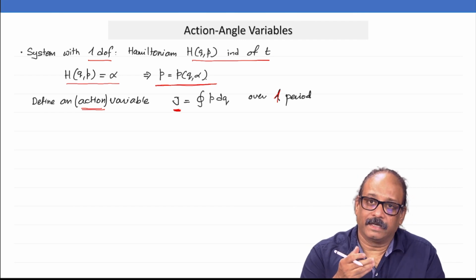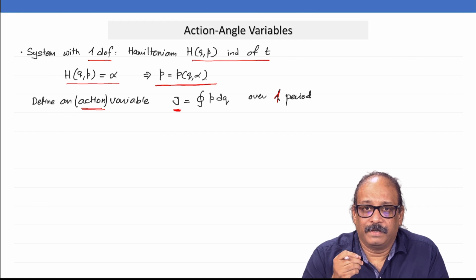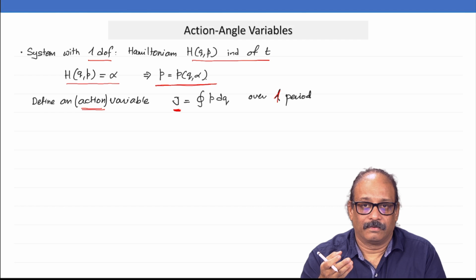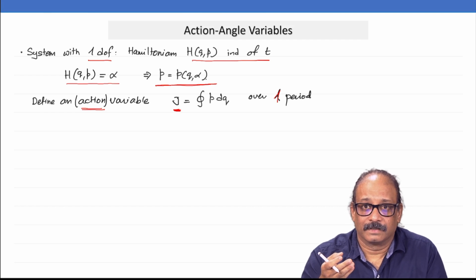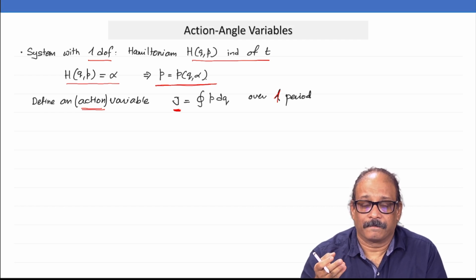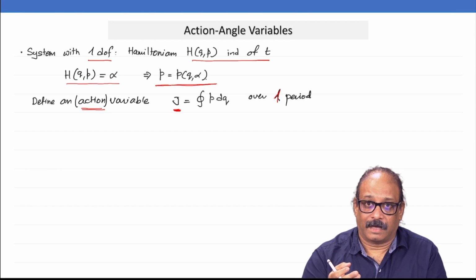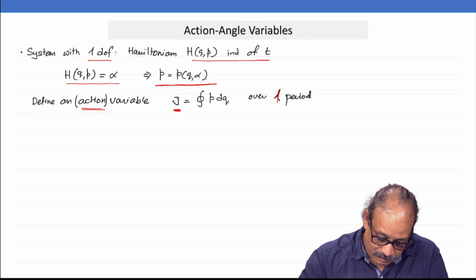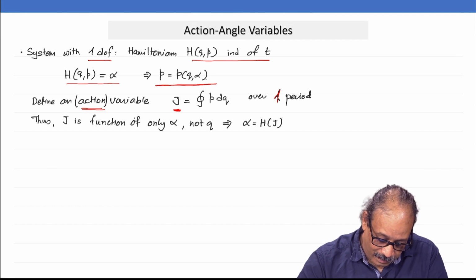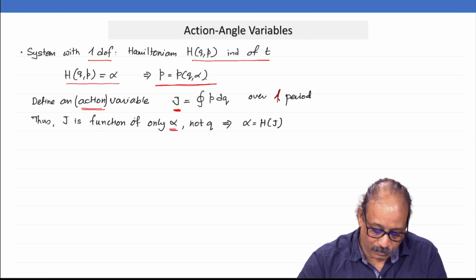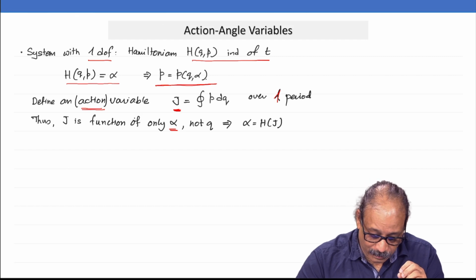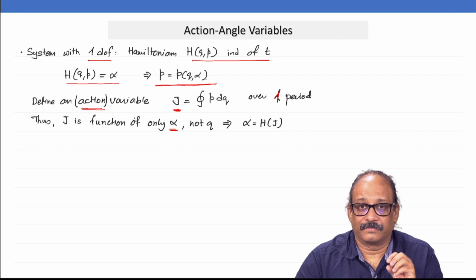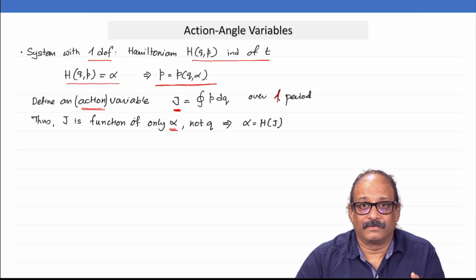Now, once you integrate this, remember p is a function of q and alpha. Once you integrate over q, what is J a function of? J is a function of alpha alone, and then I can invert this relationship and write alpha as a function of J. But then what would that be?